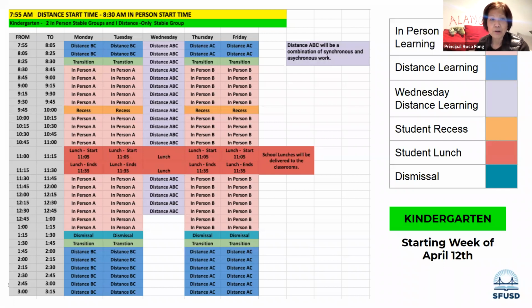So for our kindergartners, distance learning begins at 7:55 to 8:25. And then distance learning will stop and it will continue, if you follow the blue, at 1:45 and it ends at 3:15.